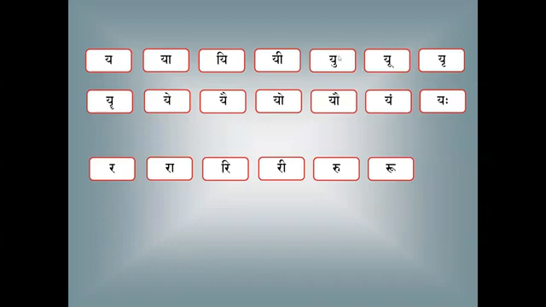Like in the previous one, U, the vertical stroke is there in the letter. So at the base of the vertical stroke, that vowel sign is written. But that repa doesn't have any vertical stroke. Therefore, the vowel sign is written to the right of it. Ru, ru. Okay. Then the next one.